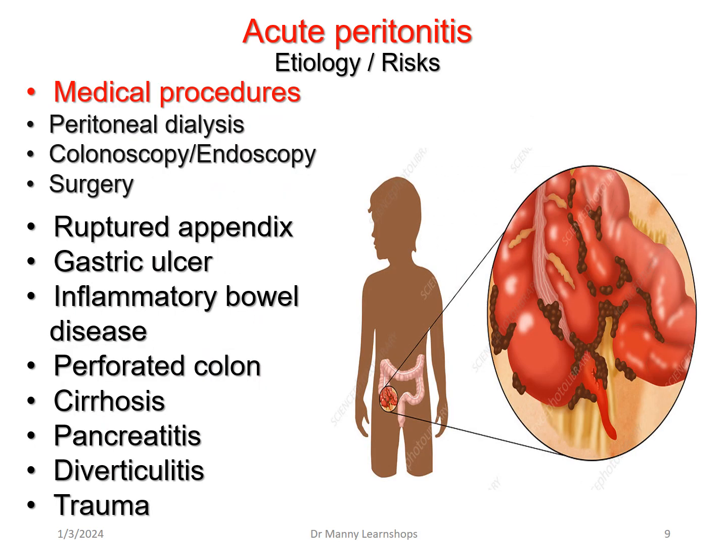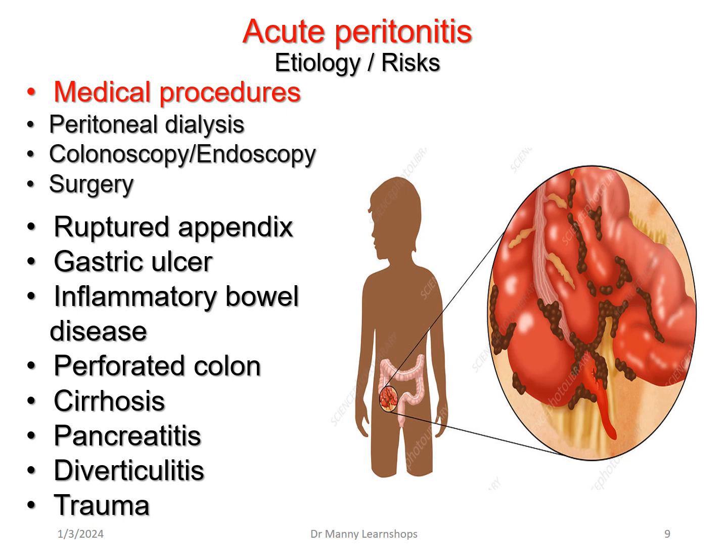So, what are some of the risks that can cause acute peritonitis? As we mentioned, peritoneal dialysis, which is a medical procedure. Damage to the colon via things like colonoscopies or endoscopies and surgery.